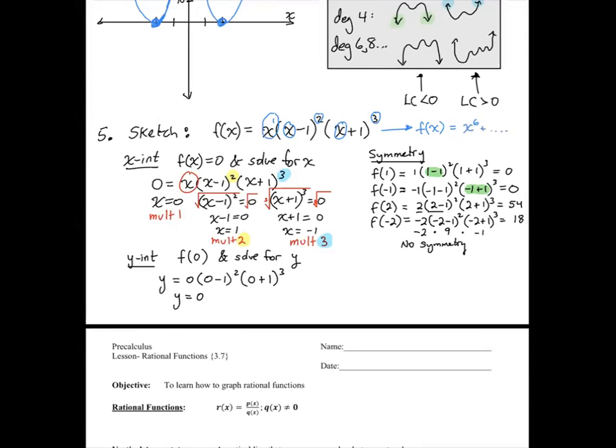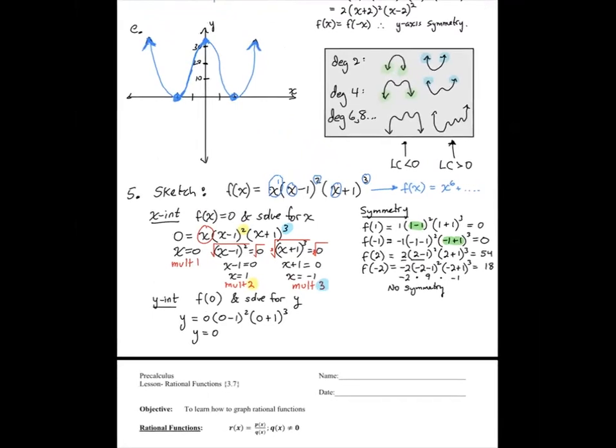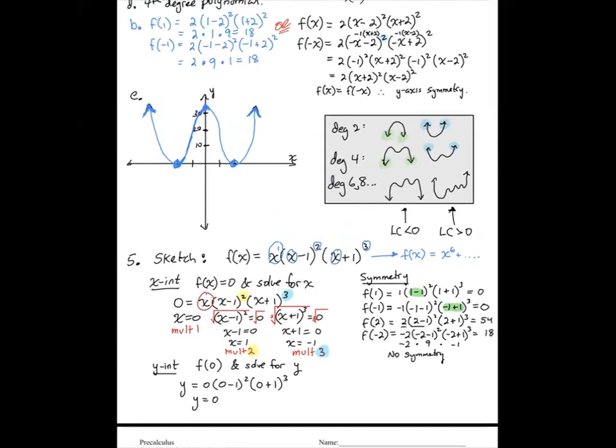So that x to the 6th power, that's a degree 6 polynomial. It's going to look like one of these two things. All right. So it's going to either start low and end low, or start high and end high. And it's going to have some wiggle to it. All right. These were the examples of negative leading coefficients.